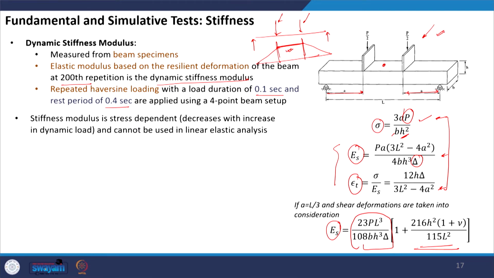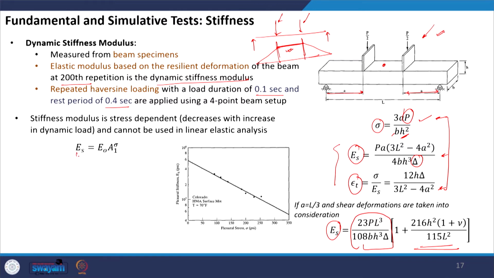Okay. So, stiffness modulus is stress dependent. So, usually it depends on at what stress you are performing the test. So, higher is the input stress, lower will be the stiffness modulus, and therefore, you cannot in general use the value of stiffness modulus in linear elastic theory.